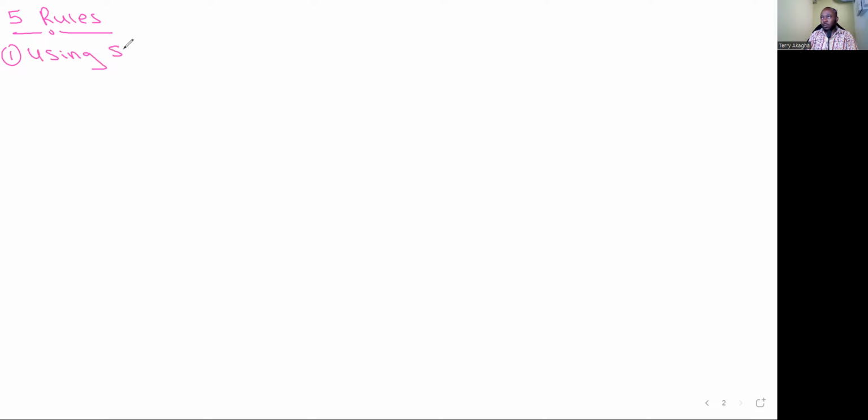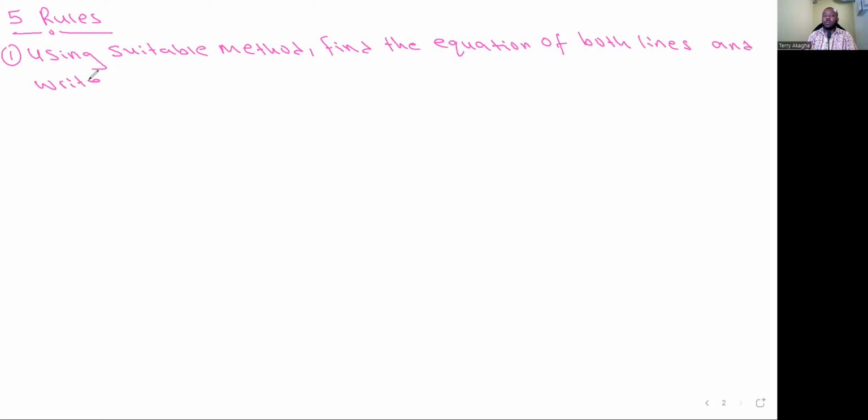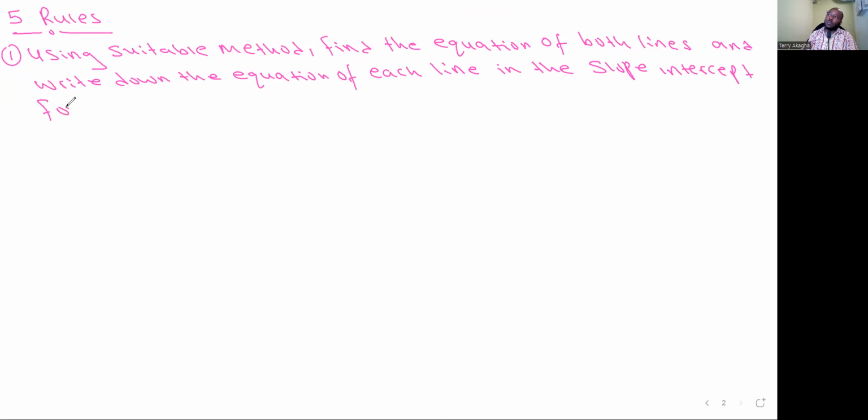Using a suitable method, find the equation of both lines, and write down the equation of each line in the slope-intercept form, y equals mx plus c.